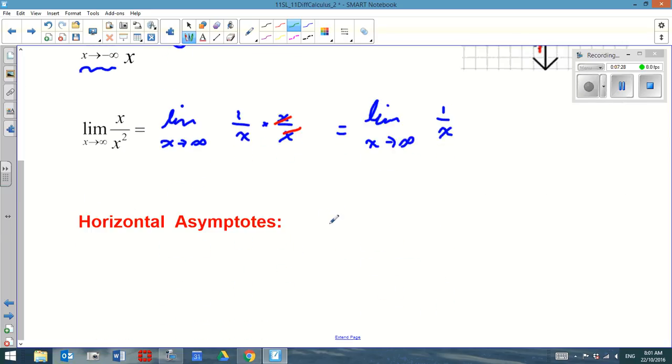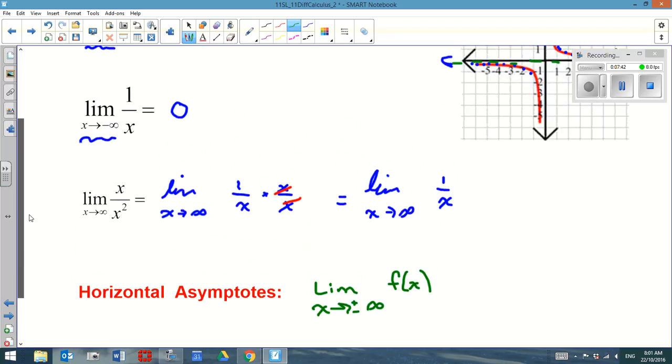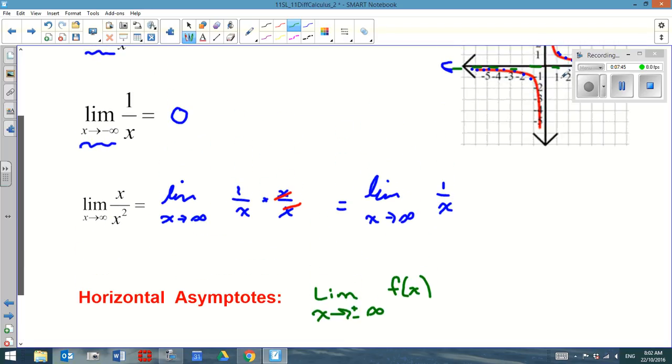So by definition, your horizontal asymptote is the limit as x approaches positive and negative infinity of whatever your function is. Okay? There are certain functions where different things will happen to the graph around 0. So remember, we want to make sure that we are always looking at our function as x approaches infinity and negative infinity to really look at where our asymptotes are.